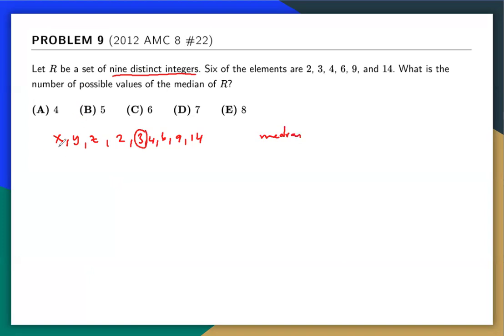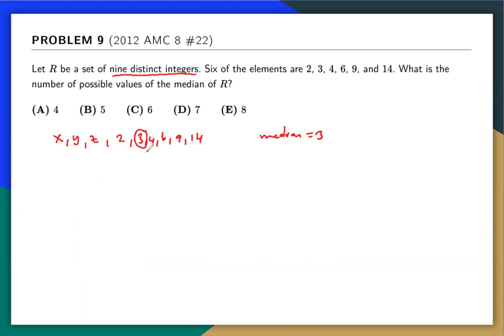I didn't find any values for the X, Y, Zs, but if I want to, I can try finding them. Because we are told the median is 3, I can choose anything I like, maybe 0, -1, -2. That should be fine. But the median in this case is just 3.